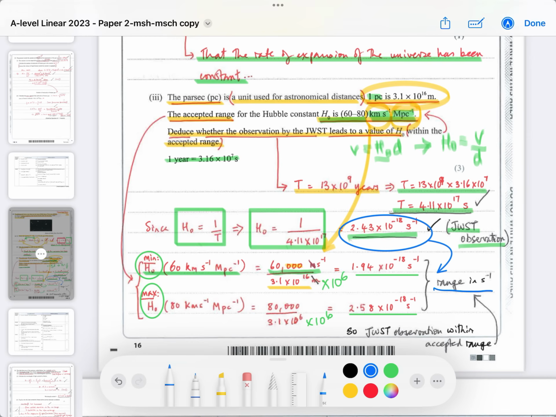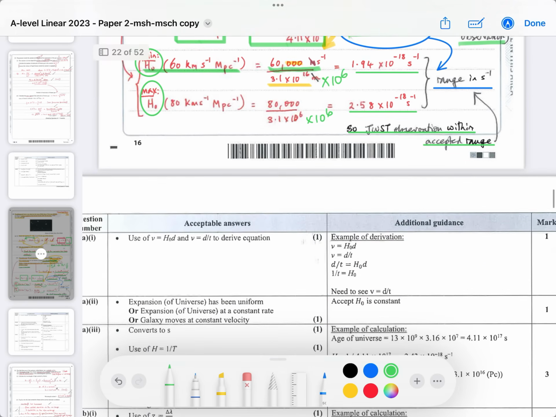So this is the range, 60 to 80 in Hubble constant units, kilometers per second per megaparsec, which gives us per second. So you could then say that the James Webb Telescope observations are within the accepted range. Hope that makes sense.